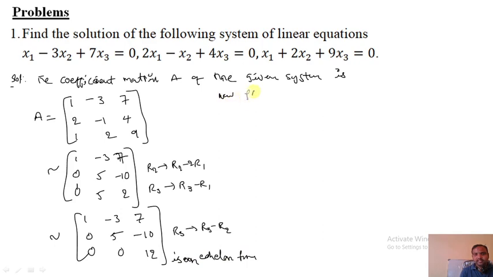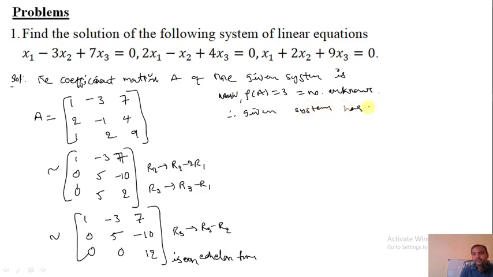Therefore, the rank of A is 3, equal to the number of unknowns. Therefore, the given system has a unique solution.